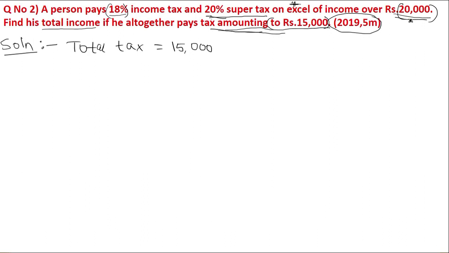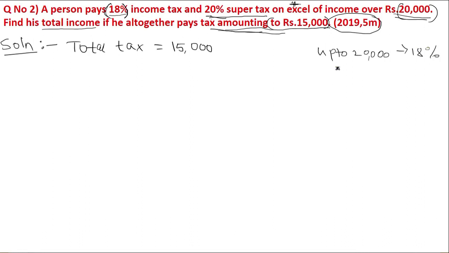Why we have to see how much is pertaining to 20,000? Because on this 20,000, he is paying only 18% tax. See here, 18% tax on 20,000, and above 20,000 he is paying 20%. I'll just write it here. Up to 20,000 he is paying tax how much? 18%.